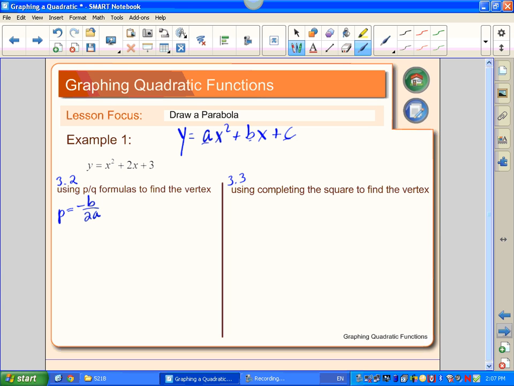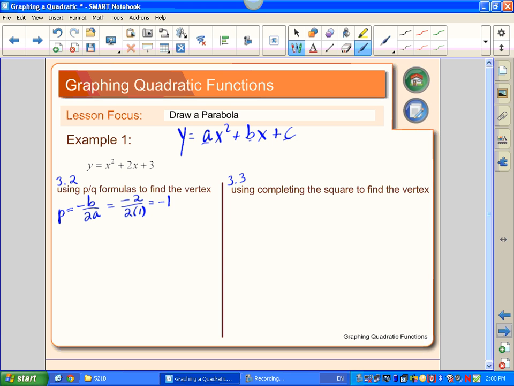So the value of p is -b over 2a. In this particular case, that would be -(-2) over 2 times 1, which is -1. So my p is -1. Then I need to find the value of q.